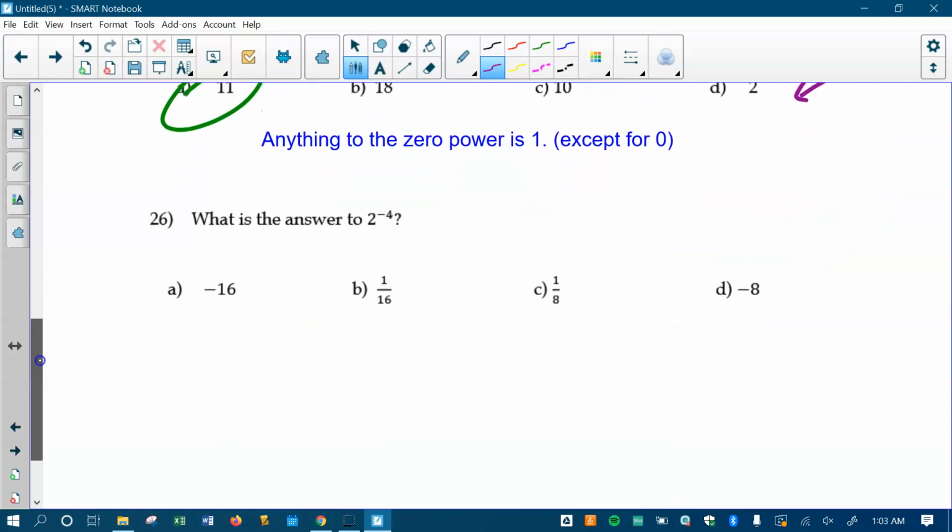And finally, what is the answer of 2 to the negative 4? Well, we kind of just did this one, but I'll explain it a different way.